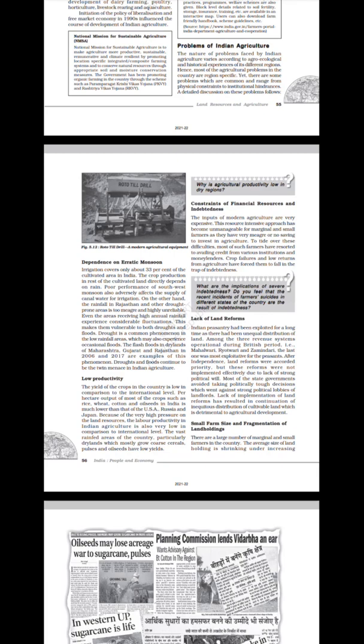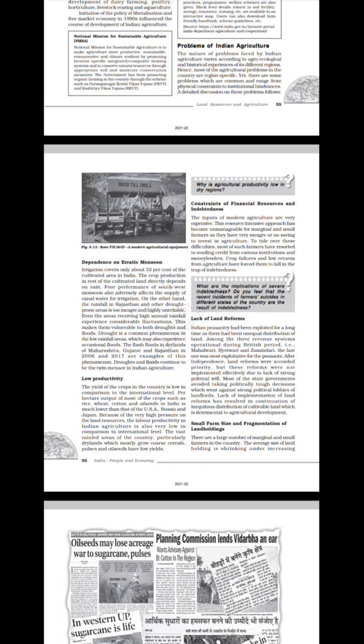This makes them vulnerable to both droughts and floods. Drought is a common phenomenon in the low rainfall areas, which may also experience occasional floods. The flash floods in drylands of Maharashtra, Gujarat, and Rajasthan in 2016 and 2017 are examples of this phenomenon. Droughts and floods continue to be the twin menace in Indian agriculture.